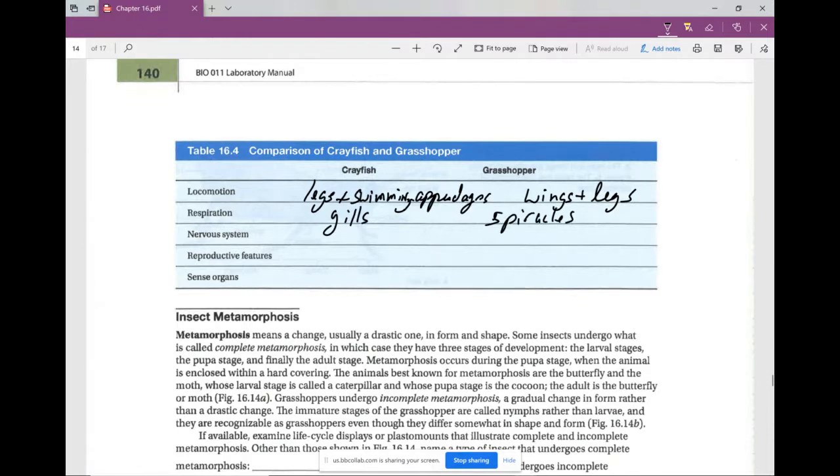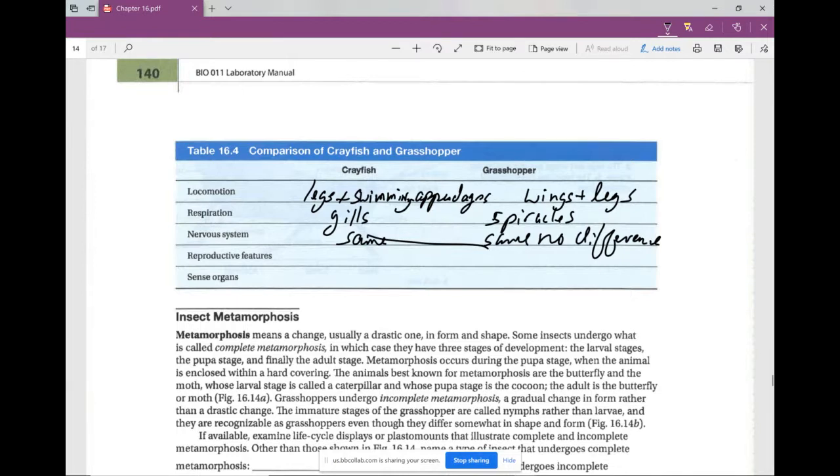Nervous system. They're about the same for each. There's no difference. You can say, right, no difference. Reproductive features. Well, reproduction here is external, right? I wouldn't say external.